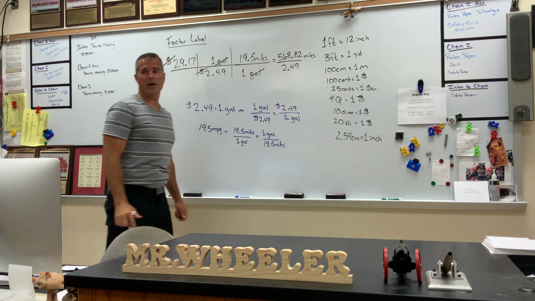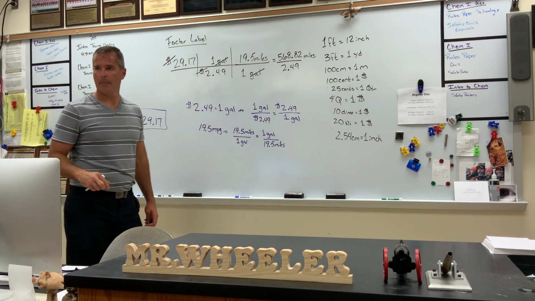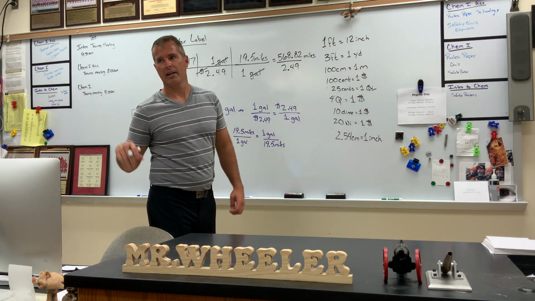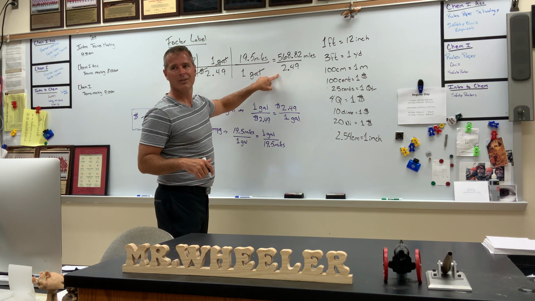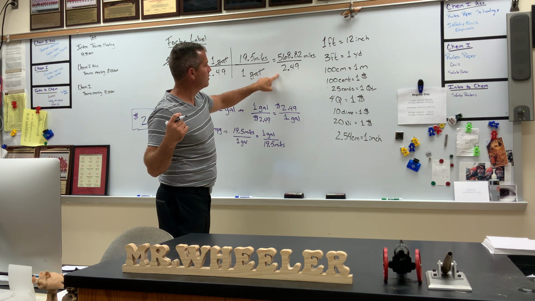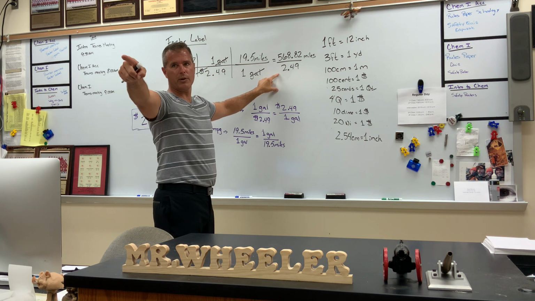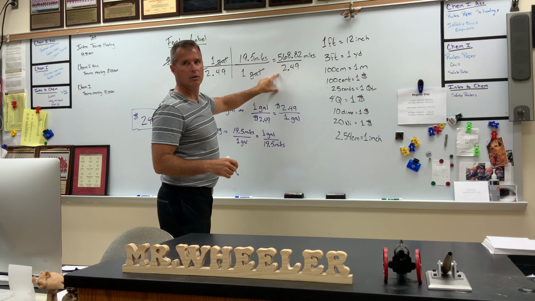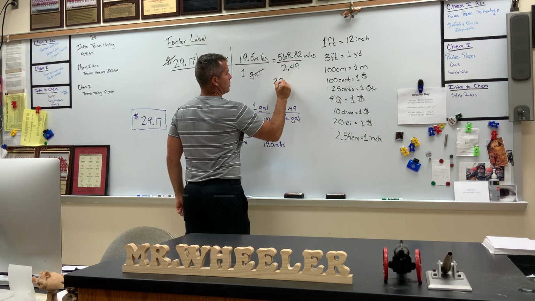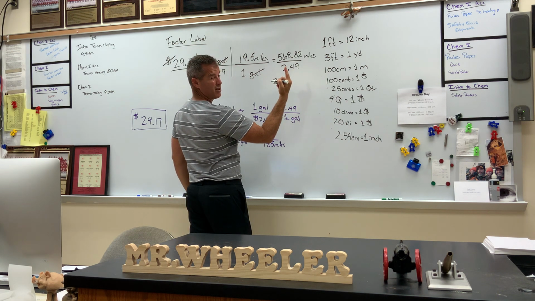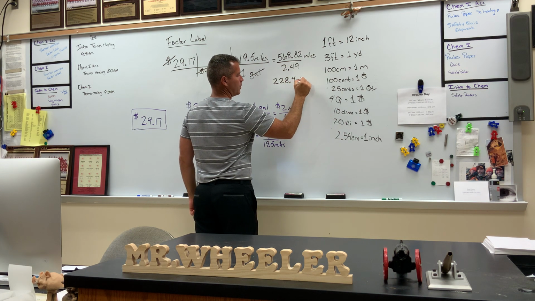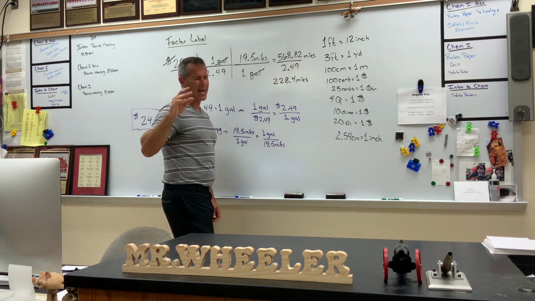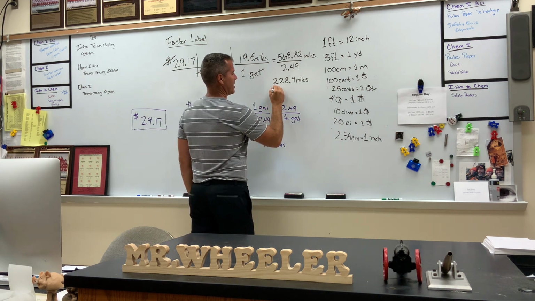Now I take the top number divided by the bottom number, 2.49. I didn't approximate, so maybe a bit off, but I get 228.4, something 4. Well, let's go with that. We'll get into rounding in a different lesson. That's not today.